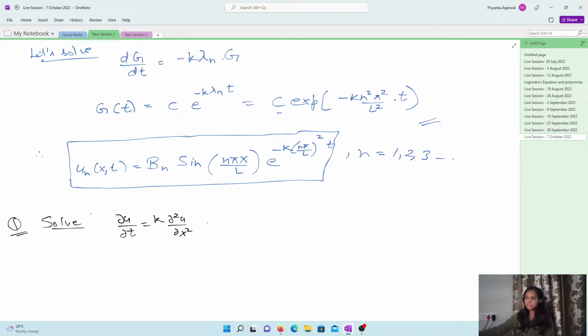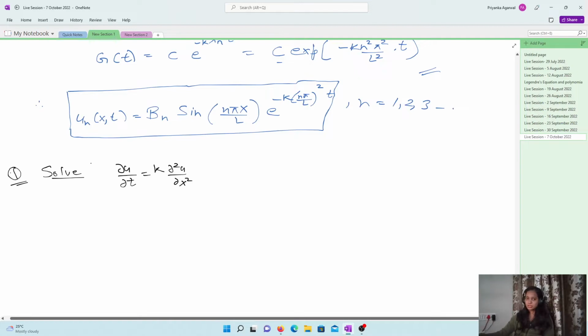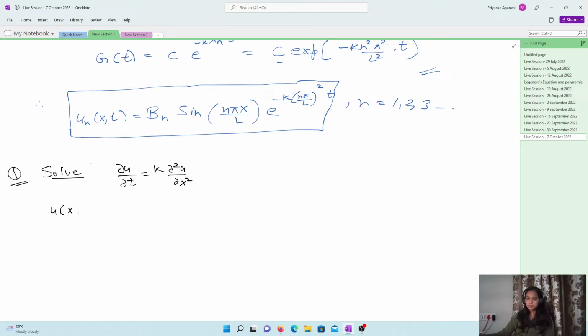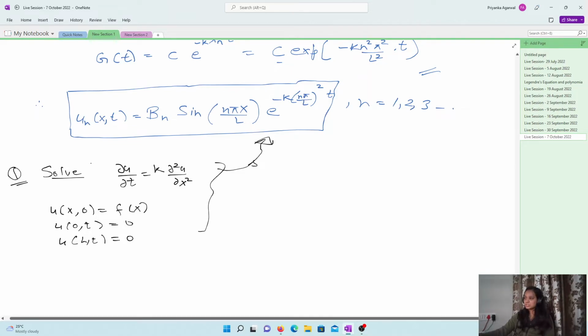So this is the heat equation, and the conditions are u at x comma 0 equal to f(x), u at 0 comma t equals 0, and u at L comma t equals 0. So essentially we now know that the solution is this.